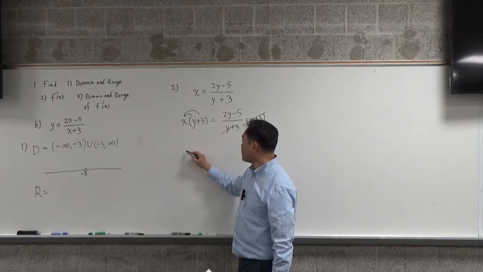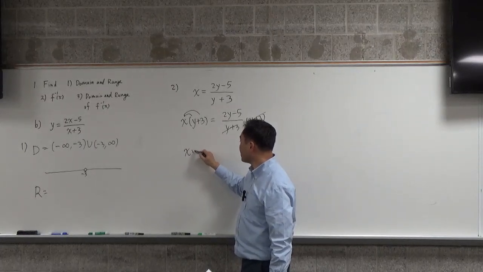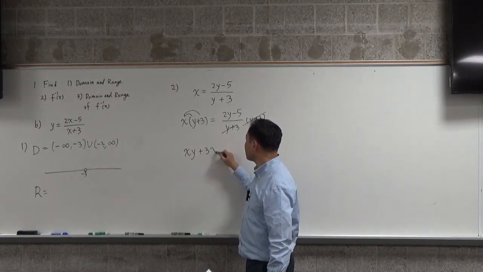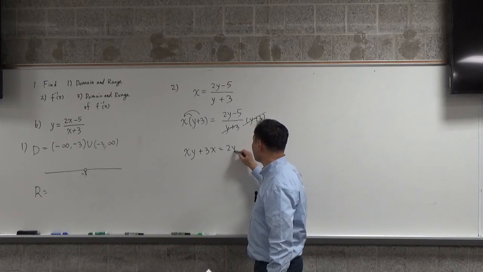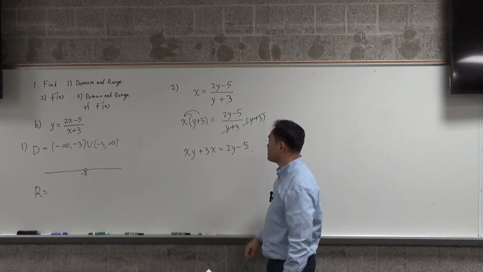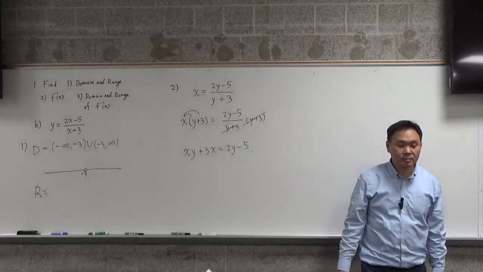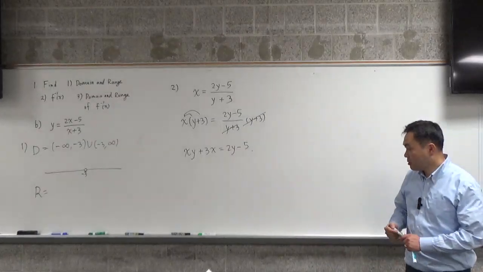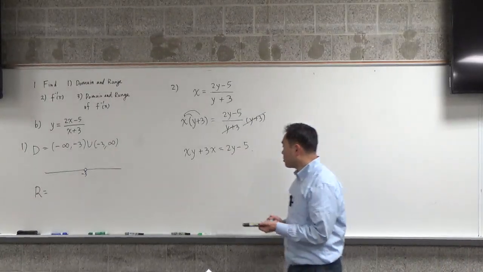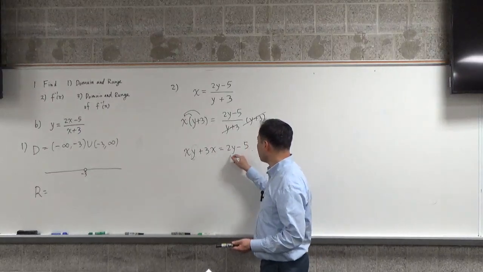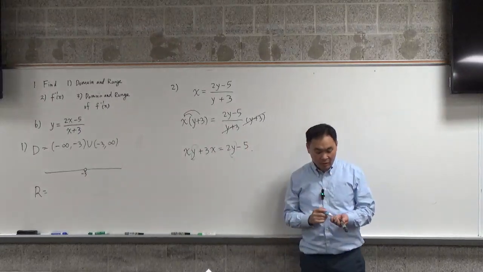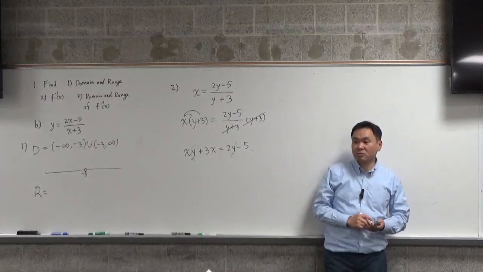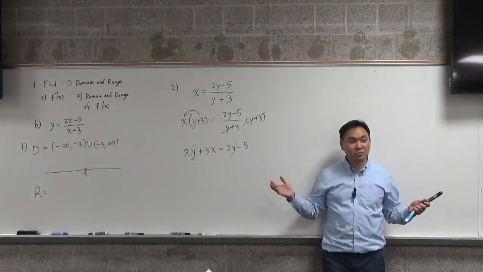Let's multiply this out to see what we have. We have xy plus 3x equals 2y minus 5. And here we are trying to solve for y. It's a problem for us because y is in two different places.